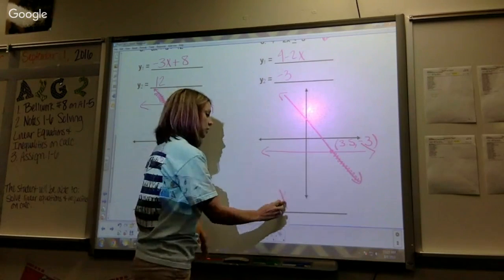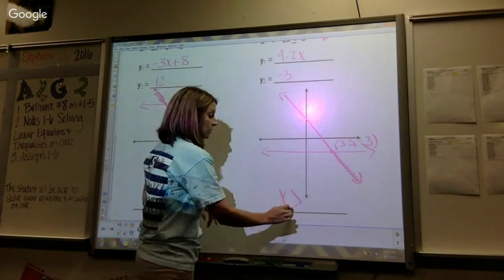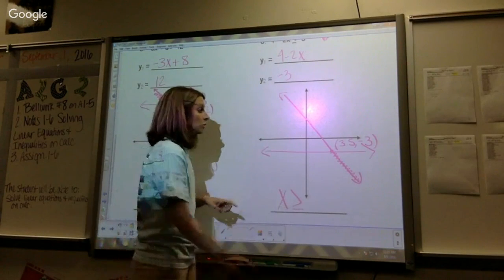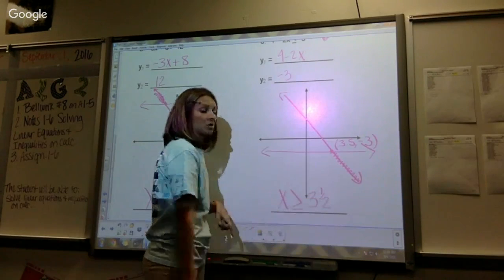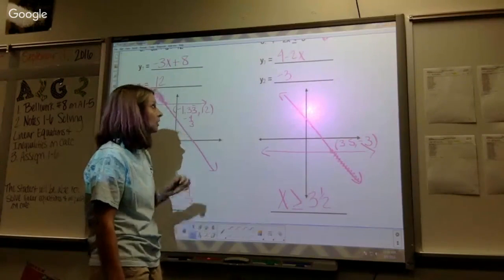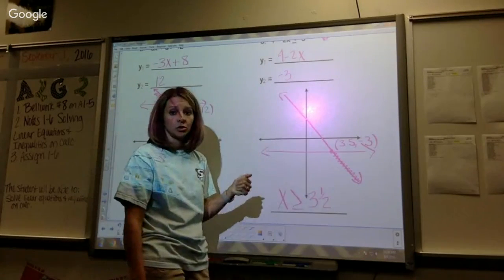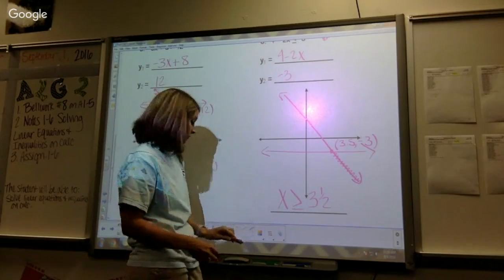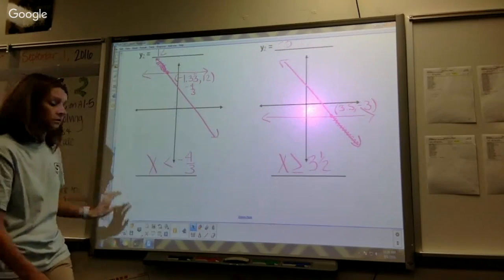So x should be greater than or equal to, since it was equal to on your inequality at the top, so it should also be equal to on your solution, 3.5. Okay. You can check that by plugging in any number greater than 3.5. It should be true, including the 3.5. All right.